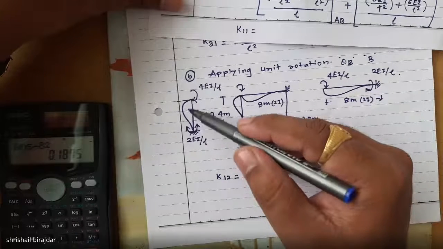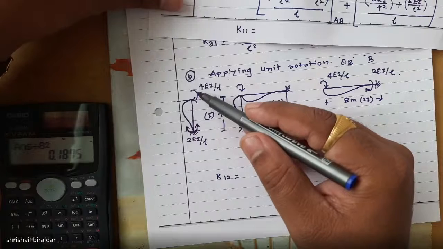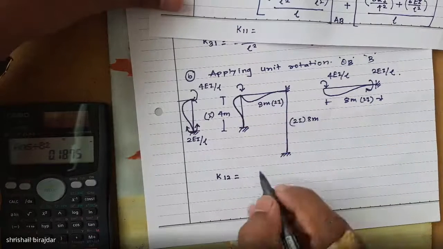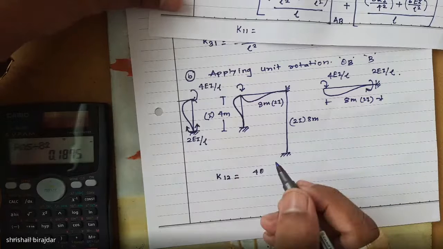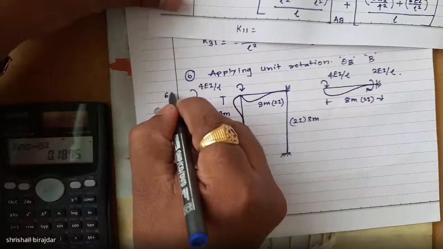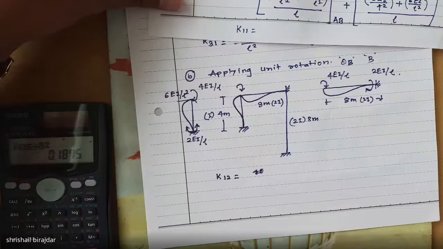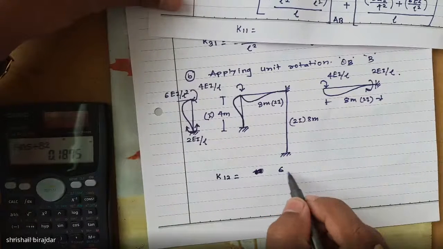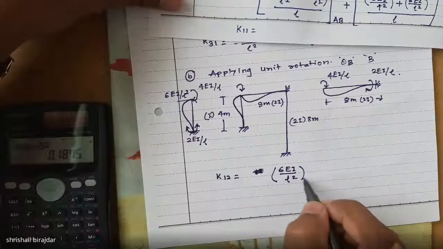So the only thing you have to add is 4EI plus 2EI. Exactly, it works out to be 6EI divided by L square.